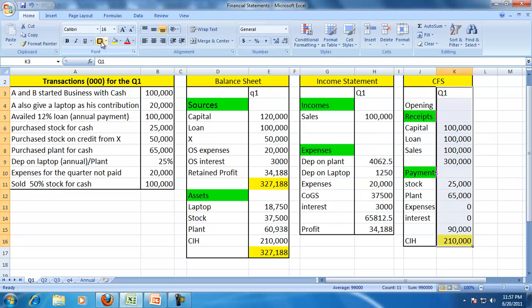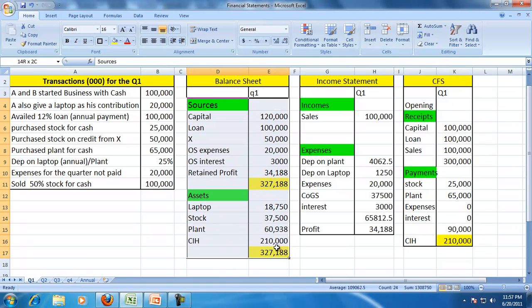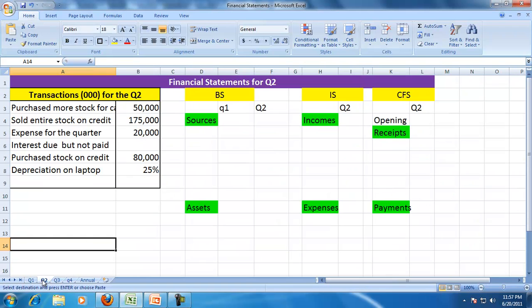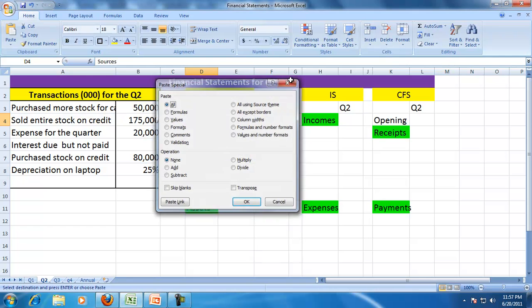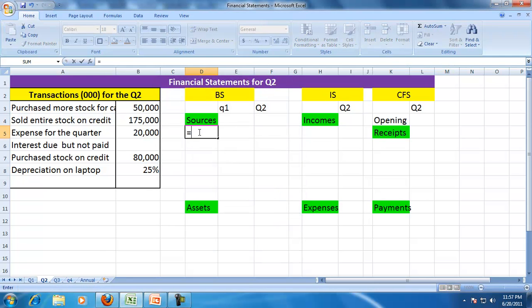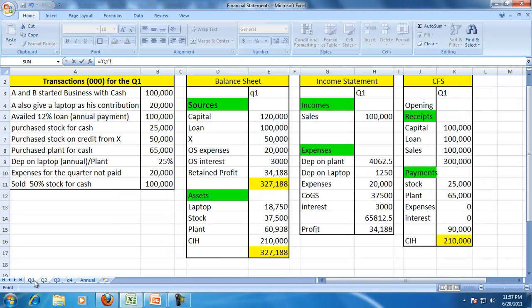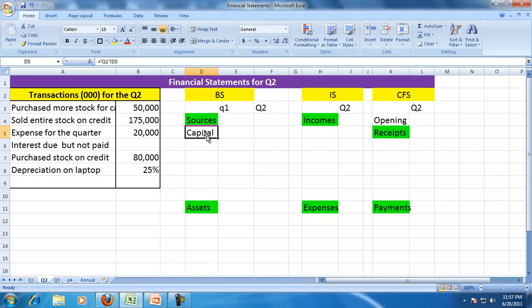Now if I take it forward, I say that these are the sources and the corresponding assets at the beginning of the second quarter. So let me paste special, or maybe I'll copy that. I'll say the sources and the assets are at the end of Q1.